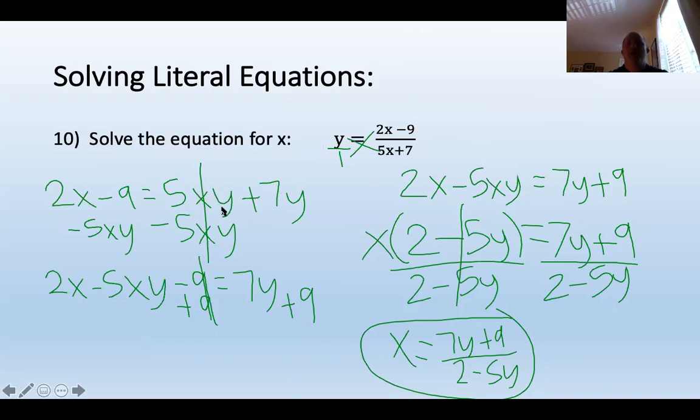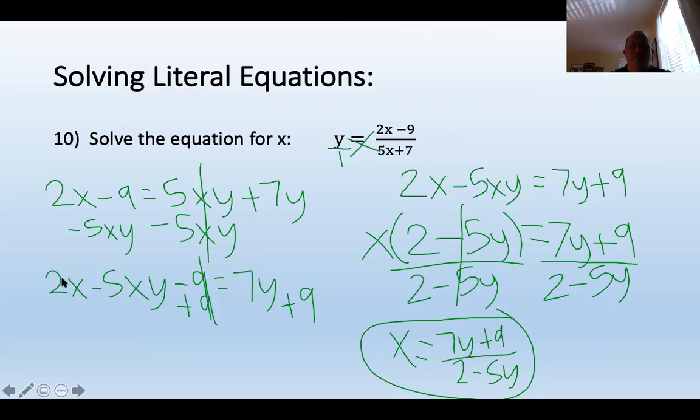Since we're solving for x, our next task is to get everything that has an x in it onto one side and every term that does not have an x in it onto the other side. So the first thing I did there is I subtracted 5x from each side, which cancels the 5x here.